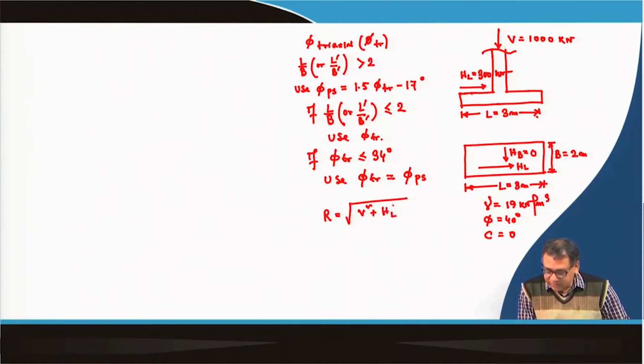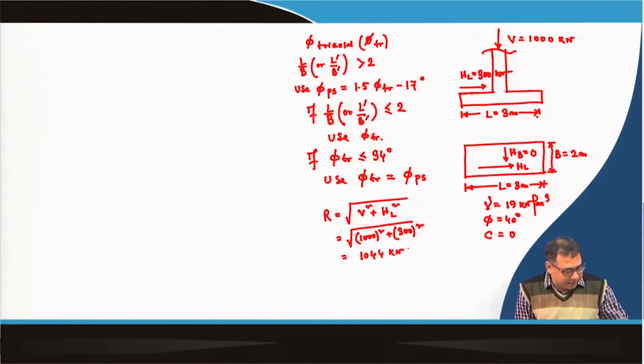L square, which is equal to 1000 square plus 300 square. So this is equal to 1044 kilonewton. And now you know that V is equal to R cos i, or alpha.